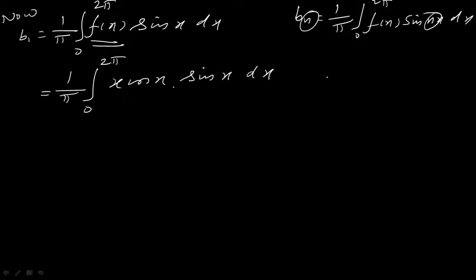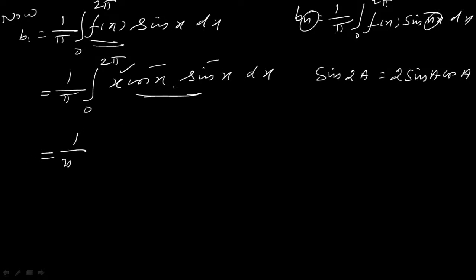You know the formula for sin 2a, right? Sin 2a is equal to 2 sin a cos a, isn't it? This is how the form. So this is a product of three functions involving x. So we couldn't integrate, so we have to combine any two of this and make it as a single, okay, using any of the trigonometric formula. 1 by pi integral 0 to 2 pi.